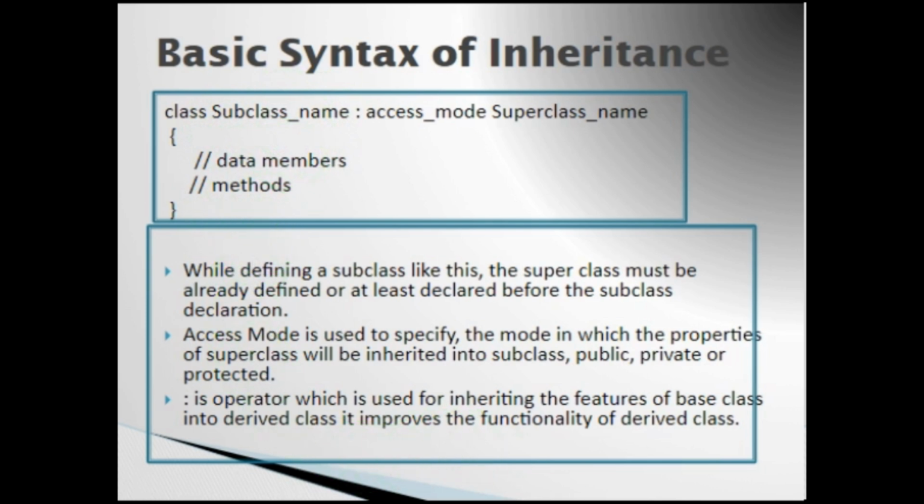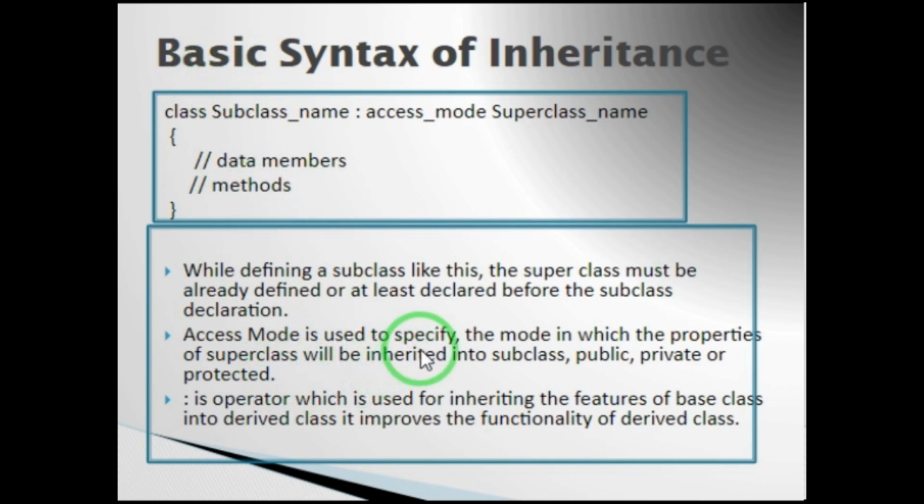Okay, so while defining a subclass like this, the superclass must be already defined, or at least declared, before the subclass declaration. Whenever you want to use this syntax for the derived class, your superclass or base class must be declared before it.